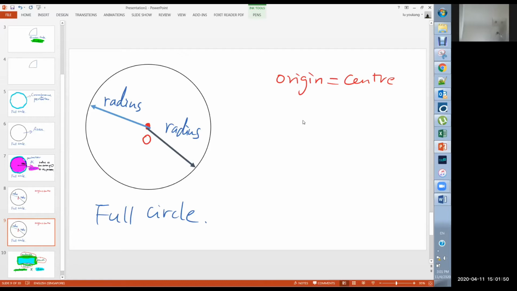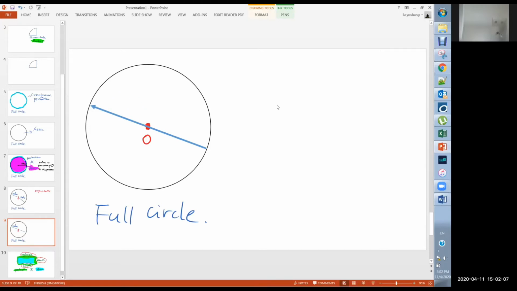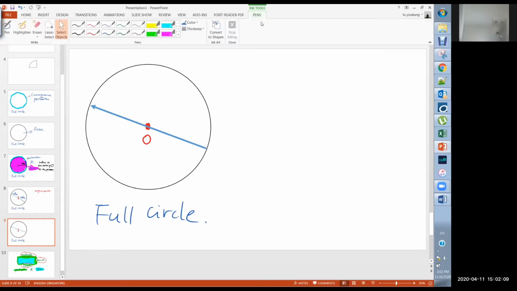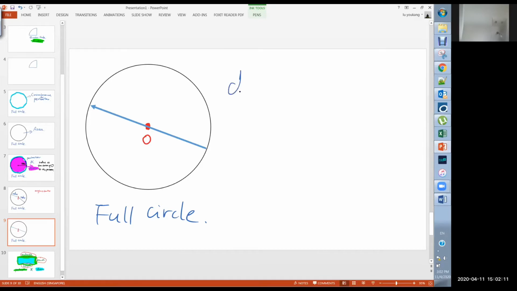So remember, center of the circle is also the origin of the circle. Besides the radius, there's another concept. It's called the diameter.